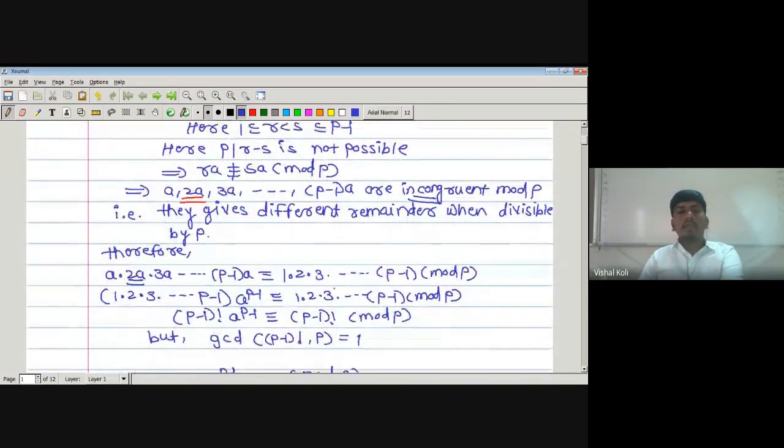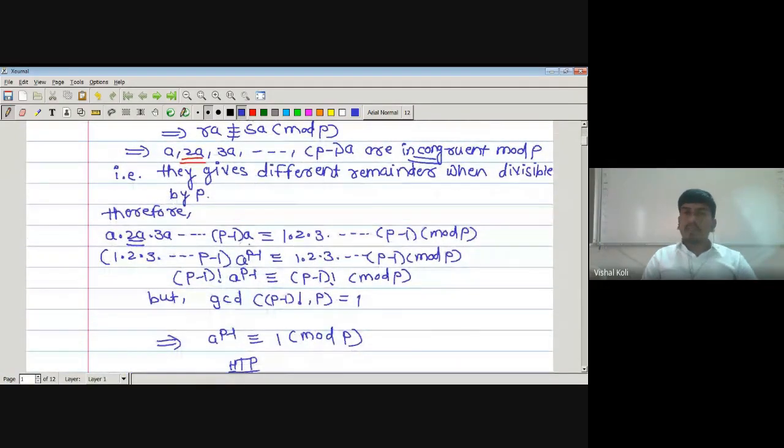After that we consider the product of these p minus 1 integers, and as they are incongruent modulo p, they give different remainders. As p does not divide a, the remainder 0 is not possible. Then these p minus 1 integers give p minus 1 different remainders, that is 1, 2, 3 up to so on p minus 1.